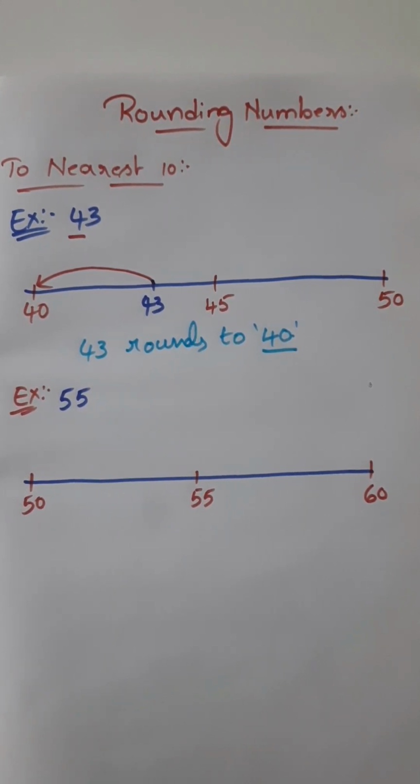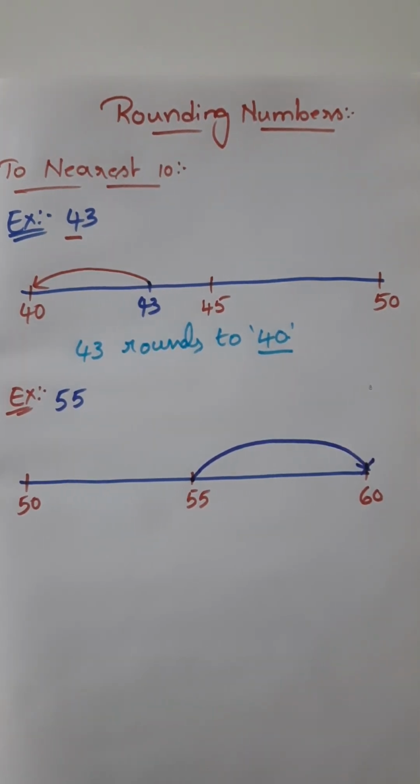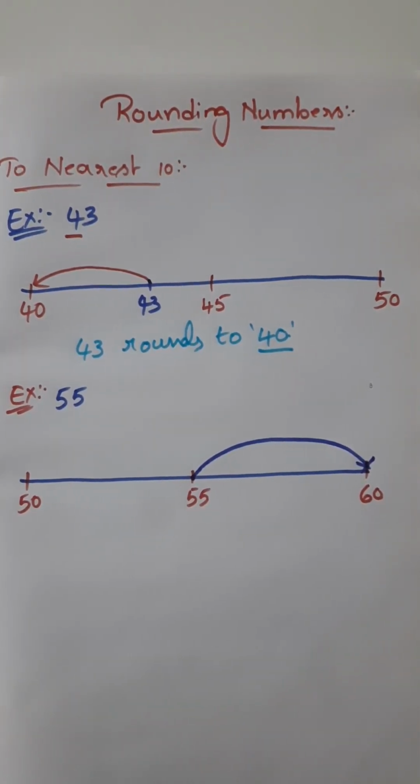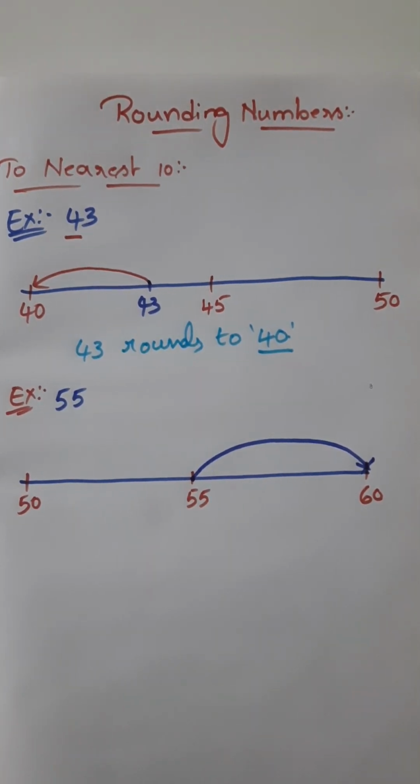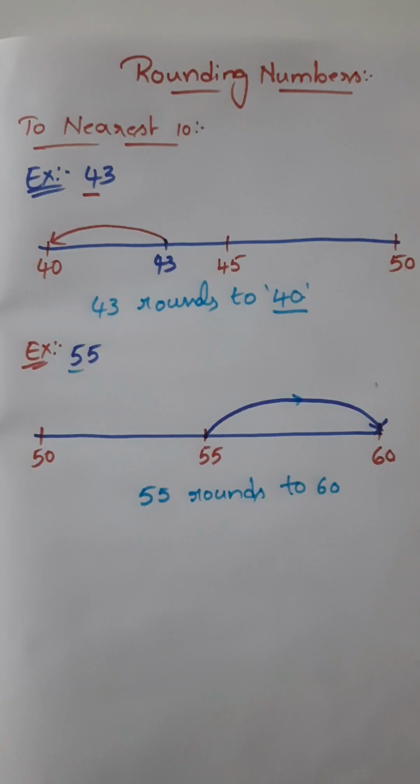If the number in the ones place is 5 or more than 5, then it rounds to our right-hand side. So here, since 5 is equal to 5, it rounds to our right-hand side. So, rounded to the nearest 10, 55 is 60. 55 rounds to 60.